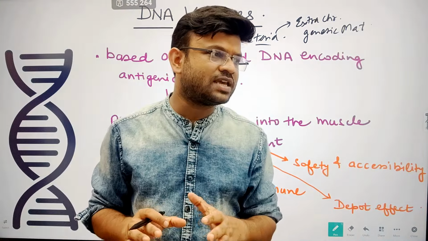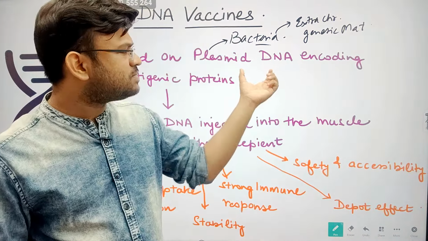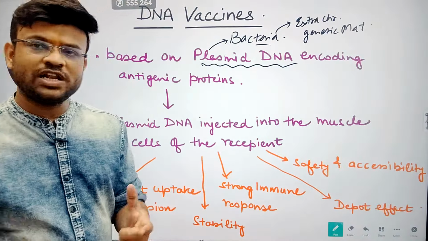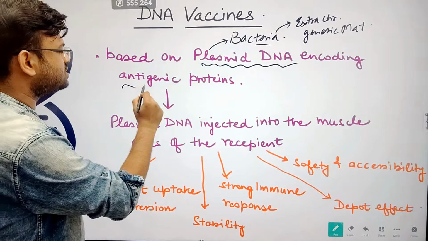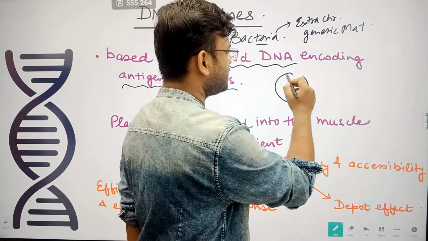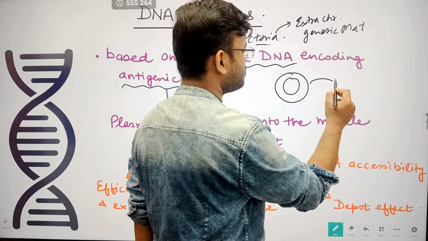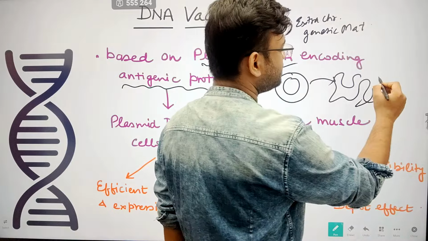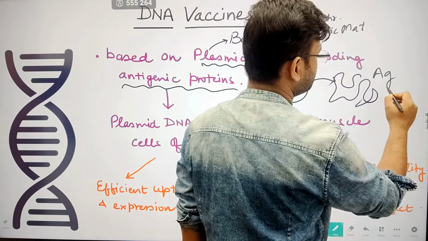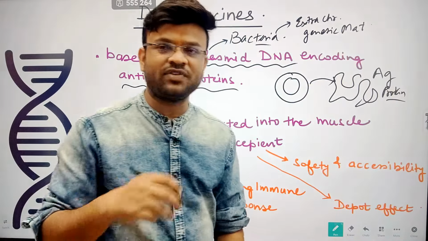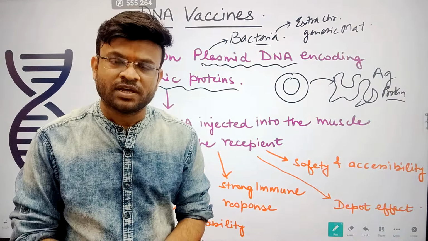Over here, the plasmid DNA will be chosen that will be coding for the antigenic proteins. Suppose this is a plasmid DNA and this plasmid DNA is coding for, let us say, a protein, and this is an antigenic protein. When I say antigenic protein, what does it mean? It means that it will have the property of a foreign protein.